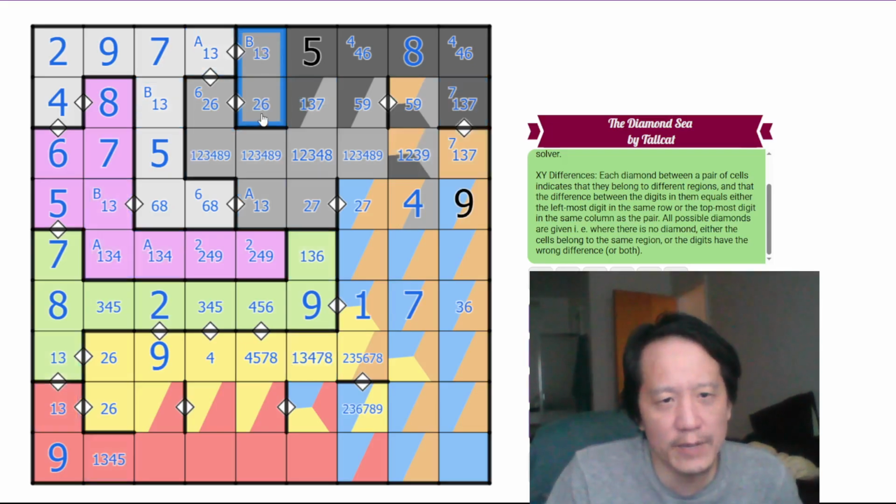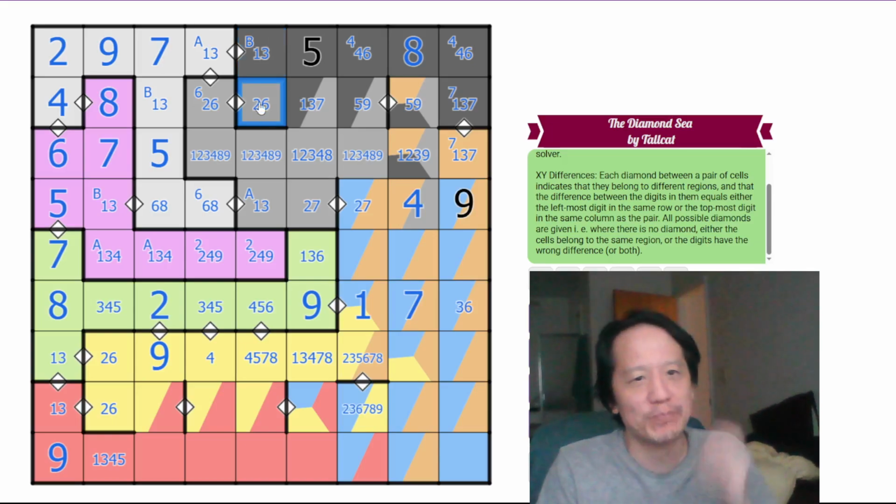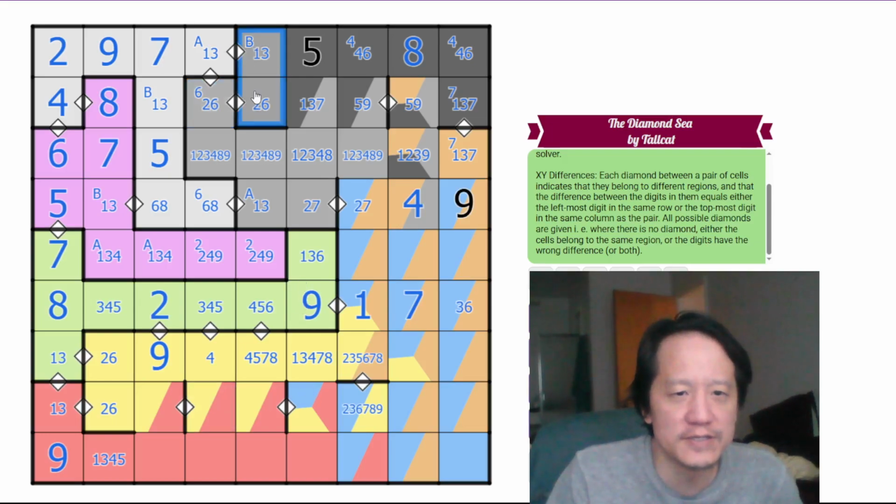Anyways, we came up with the same logic here, but this had to be the same region because this difference has to be the same as if this is 1, 2, this is 3, 6. If this is 3, 6, this has to be 1, 2 because of the way that that works, right? So it would have had to be the same region anyways.